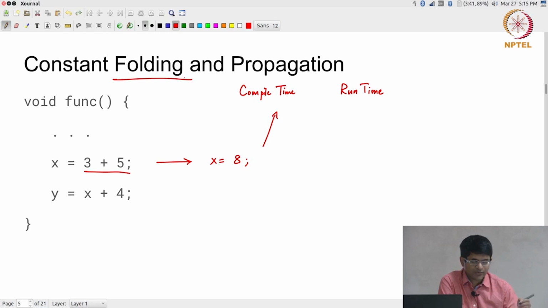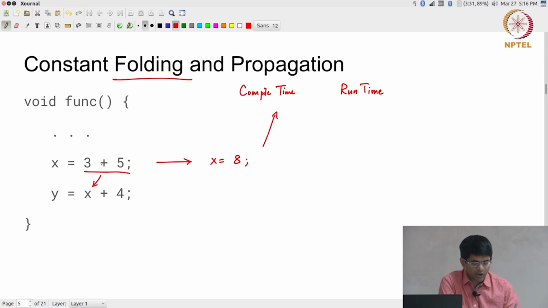An offshoot of that is what we would call constant propagation. Here what I can do is replace x, because I know that when I reach this instruction y is equal to x plus 4, because of the semantics of the C programming language, it is going to be executed immediately after x is equal to 3 plus 5, which means when I reach y is equal to x plus 4, x must have the value 3 plus 5, that is 8.